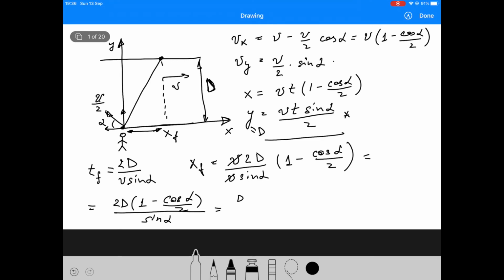It will be D multiplied by 2 minus cosine alpha, divided by sine alpha.